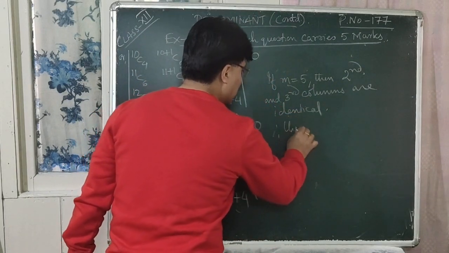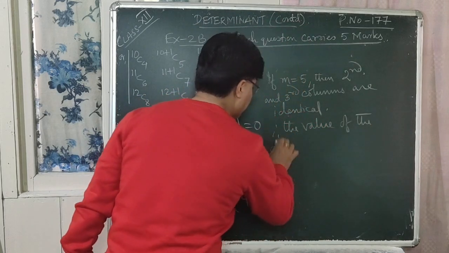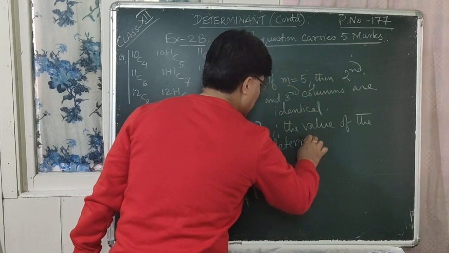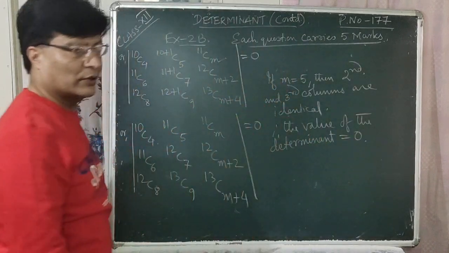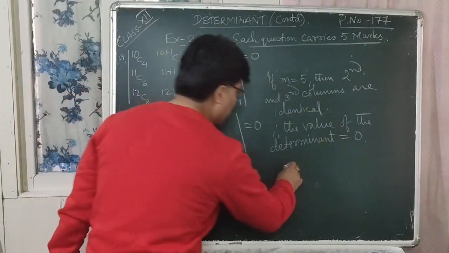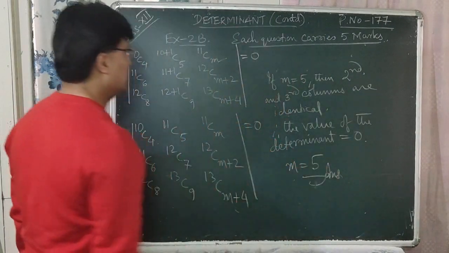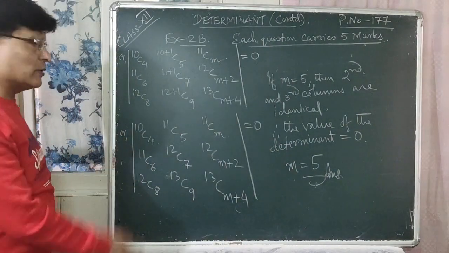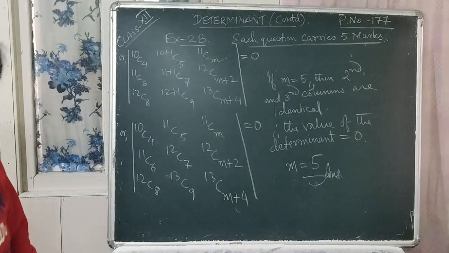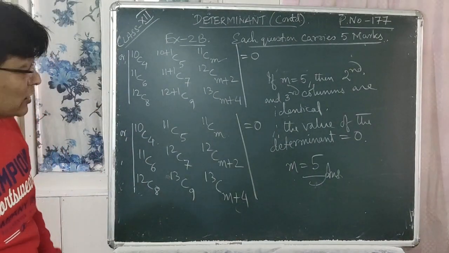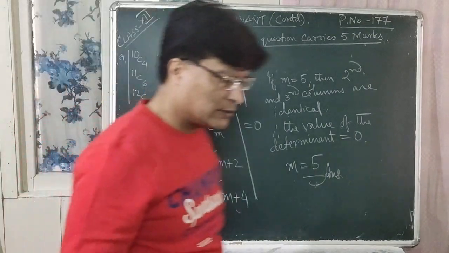Therefore, the value of the determinant is equal to 0. So now what is the value for m here? What is the answer? m is equal to 5 is the answer. So is it understood? This is a very, very important question, so you have to understand it. Okay, I think you've understood it. So you can copy it. We'll do the next question, right?